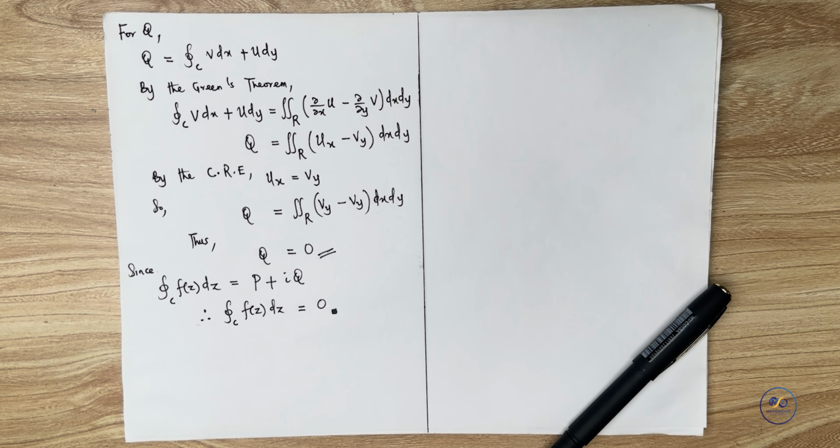Without the premise of analyticity, we would have had an issue in applying Green's theorem and the CRE, because without it being an analytic function, you won't know if it satisfies the Cauchy-Riemann equation or not. But by the fact that it's an analytic function, we know first and foremost that its first partial derivatives are continuous.